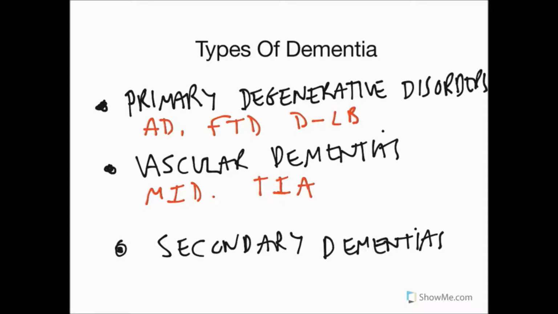The only thing between them, I would say, is that while primary degenerative disorders tend to be slowly progressive, sometimes not so slowly, vascular dementias tend to be more stepwise in terms of their decline. So we'll often see a very fast, rapid downturn in the patient's cognitive or neurological ability. So that's vascular dementias.